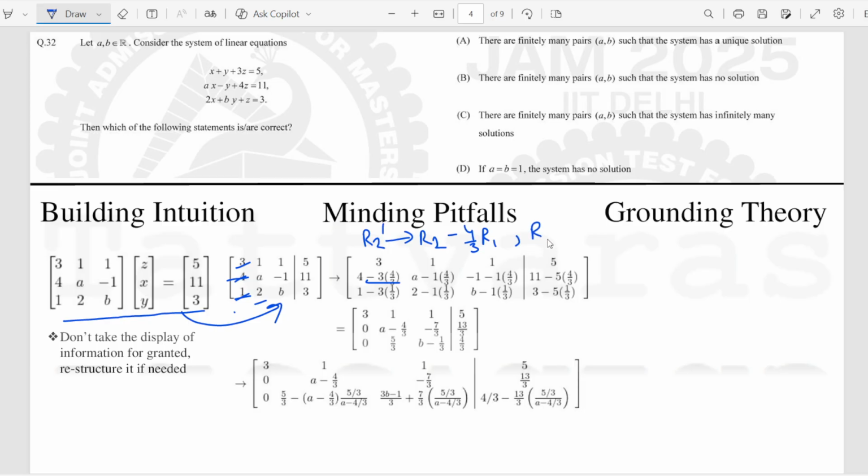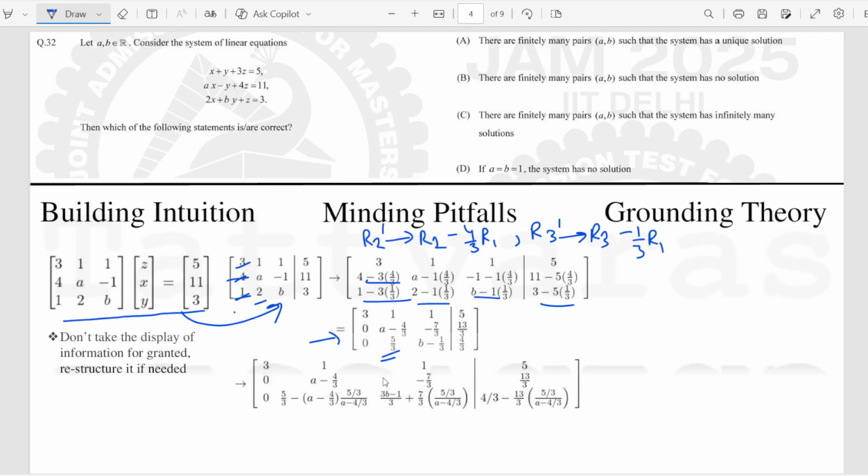And row 3, the new row 3 becomes row 3 minus 1 by 3 times row 1. Why? Because that is how the element at this position will become 0, and everything else gets a similar computation. So we now have this form.